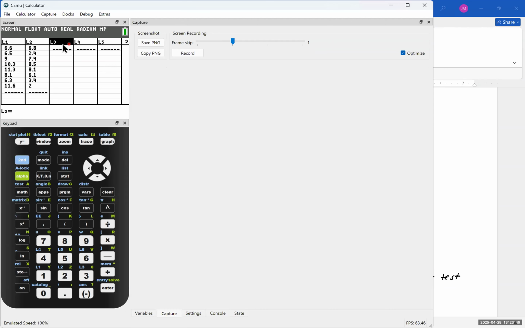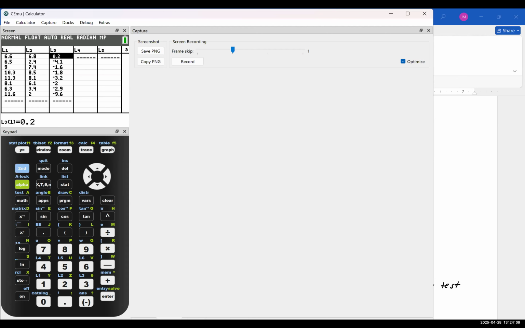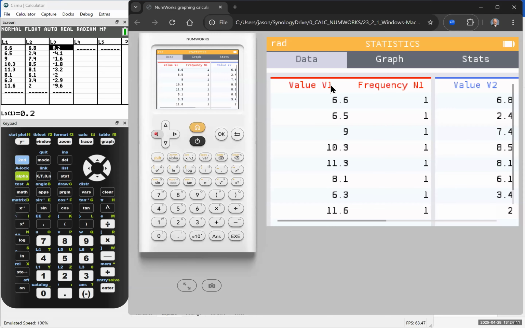So I've got list 3 selected at the top. Column heading is selected. So I'm going to do shift 2 for L2 minus shift 1 for L1 and hit enter. All right. So that's our list of differences. That's in L3. Let's go over to NumWorks. Okay, so V1 is our list of before. V2 is our list of after. So we need to likewise do V2 minus V1.